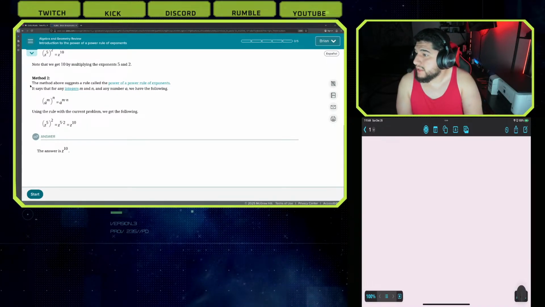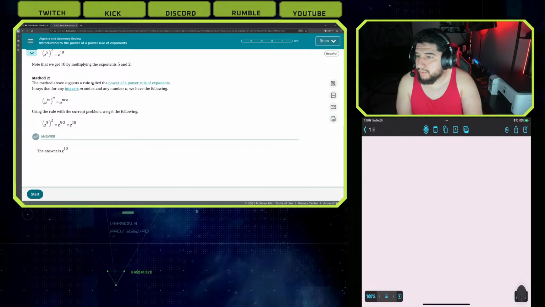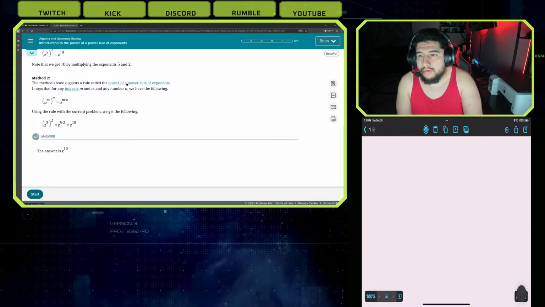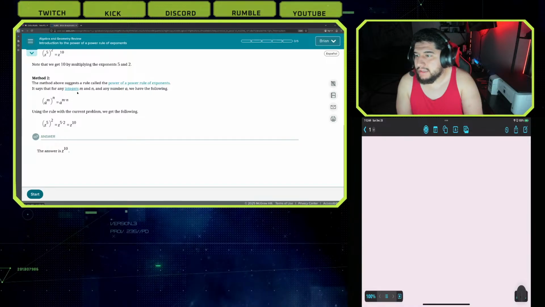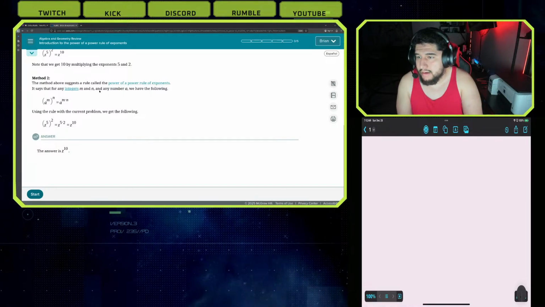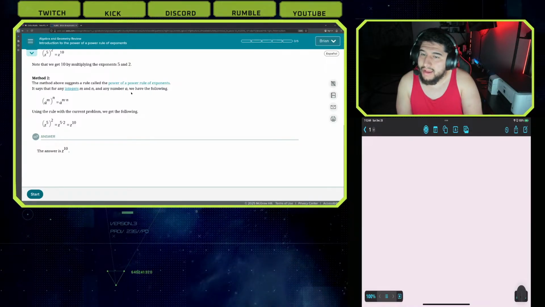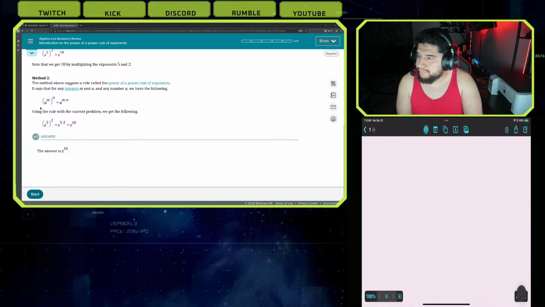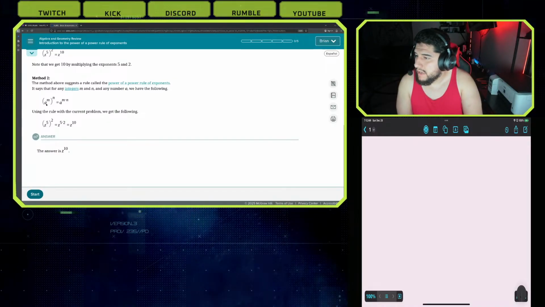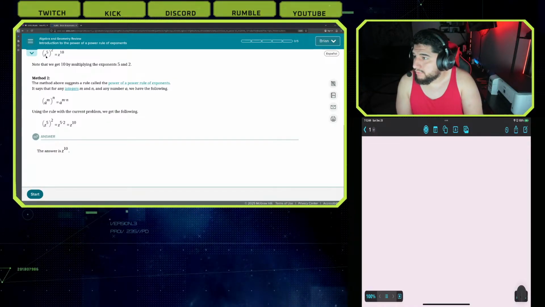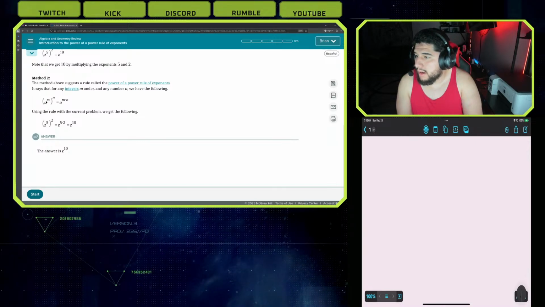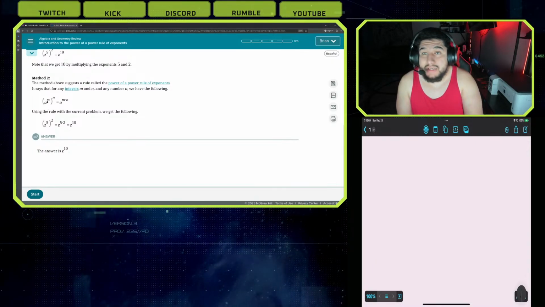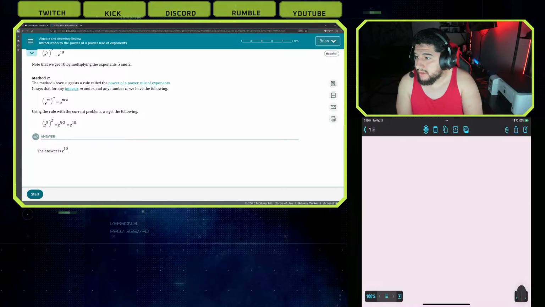Method 2. The method above suggests a rule called the power of a power rule of exponents. It says that for any integers m and n and any number a, we have the following. Alright? a is the variable. m is the first exponent that you're exponentially multiplying the a variable by.